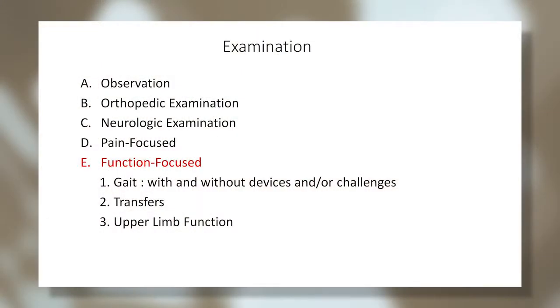Then I would break down or differentiate what I call a function-focused examination. This would certainly include walking, but could include transferring if that was an issue for the patient that they were struggling with, and if they've been a long-standing wheelchair user, or it could be an upper limb function. Can they reach to pick things up or to feed themselves or do their dressing or bathing?